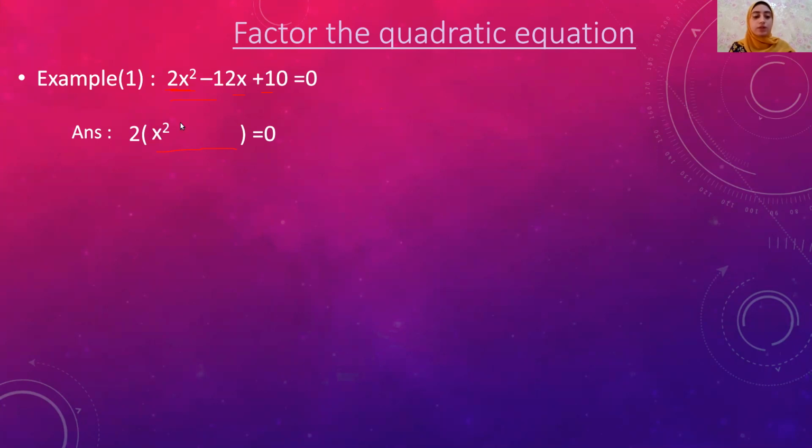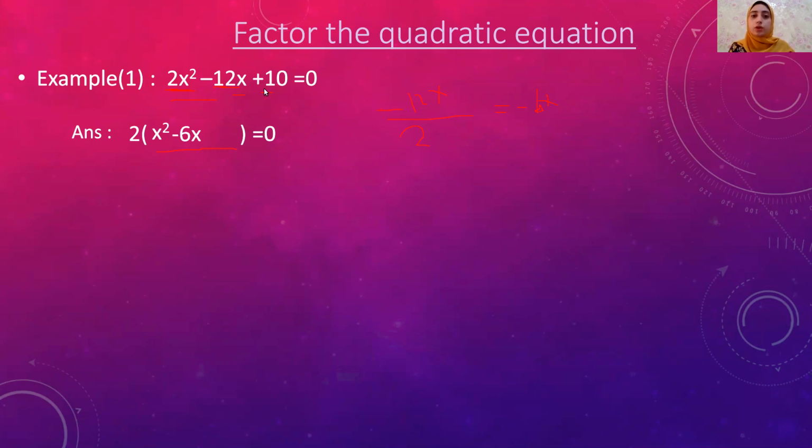Now for the second term, negative 12x, what we do is divide it by 2, so we factor out 2. What do we have left? Negative 12x divided by 2 equals negative 6x. So we have left negative 6x.